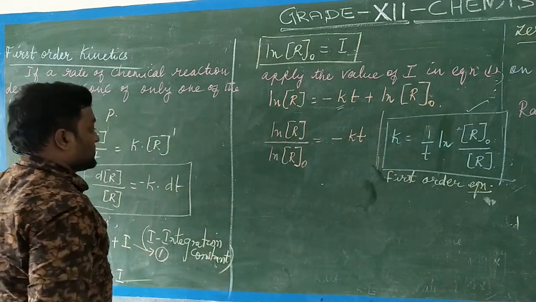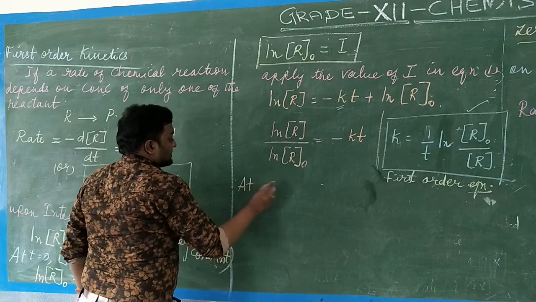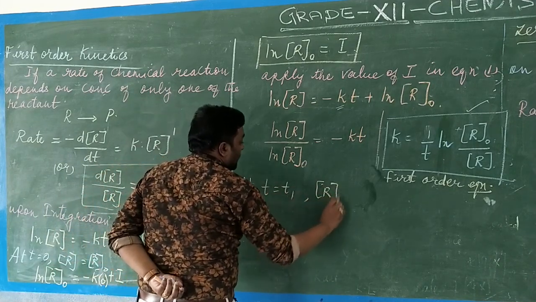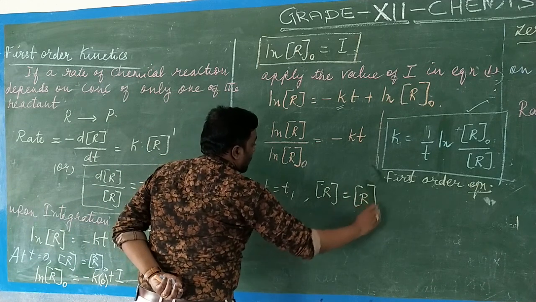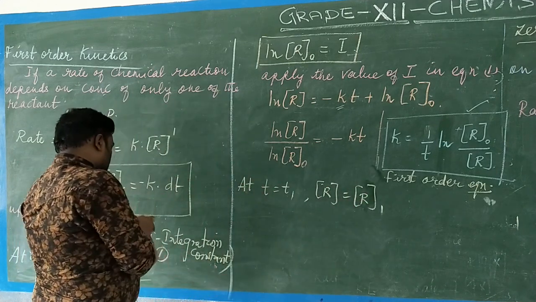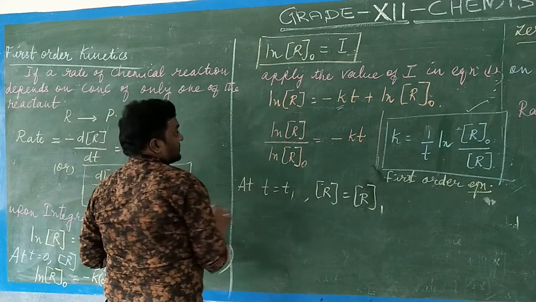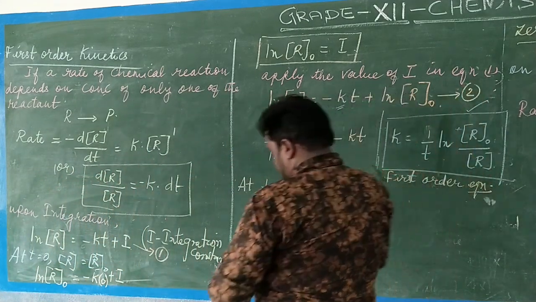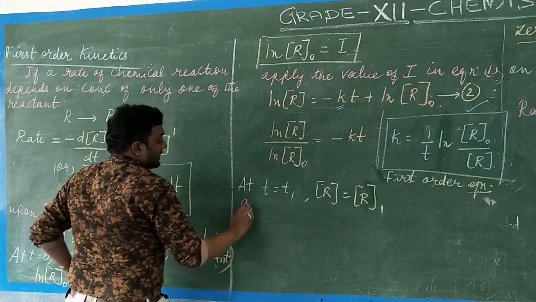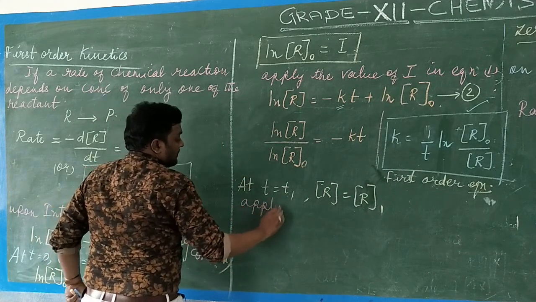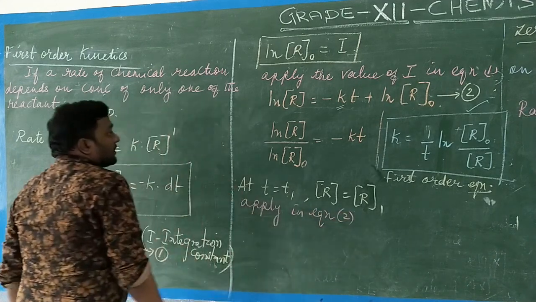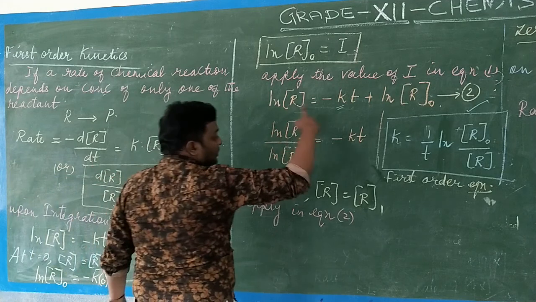Now next, considering at time t is equal to t1, the concentration of R is equal to concentration of R1. Now you apply this in this equation, which becomes equation number 2. So apply in equation 2: the value of R becomes R1.